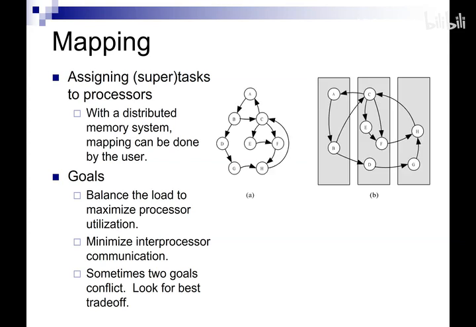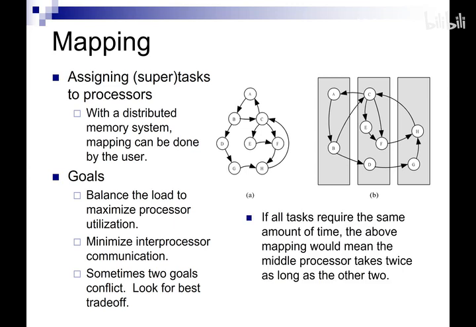As an example of this, suppose this figure A here, suppose each of these circles now represents one of your super tasks. Then if you have 3 processors, in figure B here, this is one mapping that you could have between the tasks and the processors.